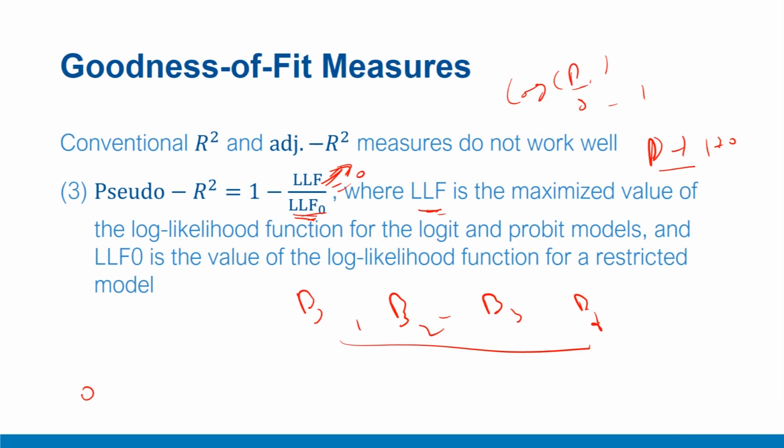However, because your LLF naught is very poor, this value will be very close to 0, assuming relatively it is very poor, and therefore the log of this number will approach minus infinity. If this value of LLF naught approaches minus infinity, therefore the ratio will approach 0.